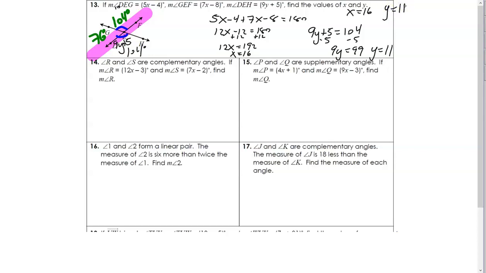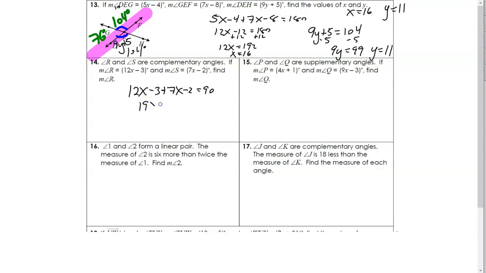Number 14, angle R and angle S are complementary. So that means they're 90 degrees. The measurement of angle R is 12x minus 3, and the measurement of angle S is 7x minus 2. If they are complementary, that means they equal 90 together. So 12x minus 3 plus 7x minus 2 equals 90.